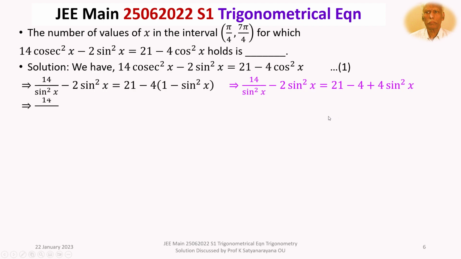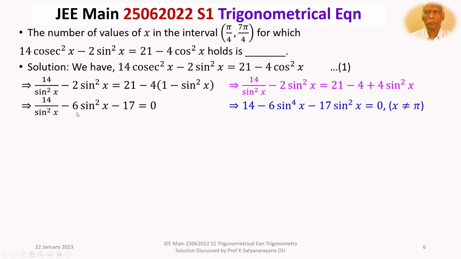Now, simplifying, we get 14 by sin square x minus 6 sin square x minus 17 is equal to 0. Now, take the LCM, then you will get 14 minus 6 sin power 4x minus 17 sin square x is equal to 0.